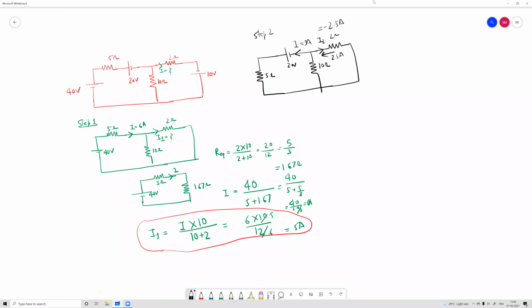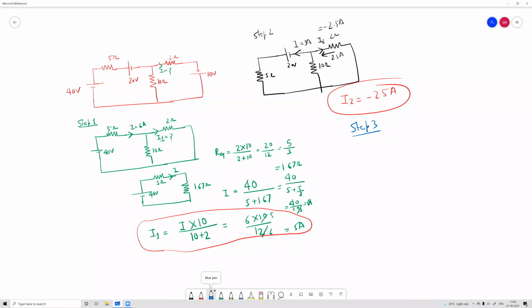All of you agreed? Any doubts? Our I2 would be minus 2.5. Anybody having any doubts? Please tell me now.